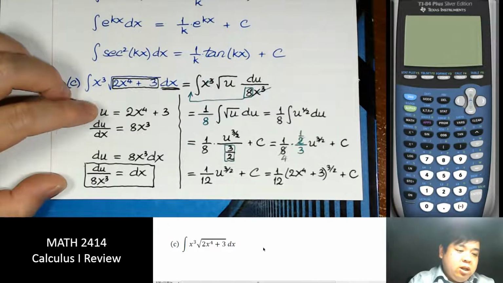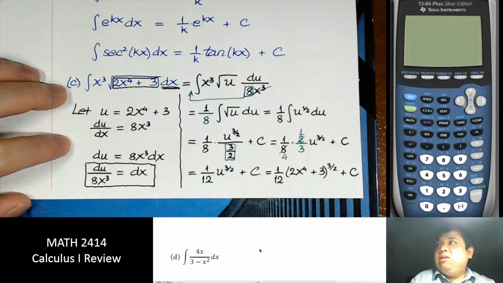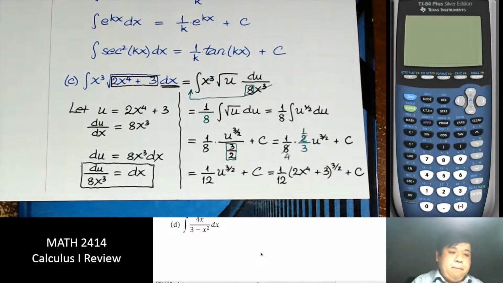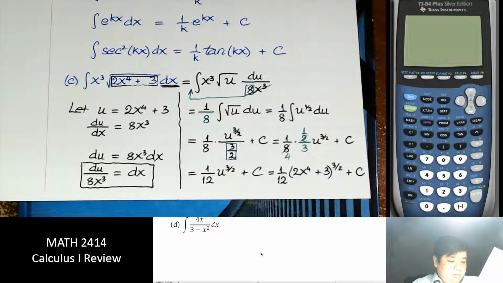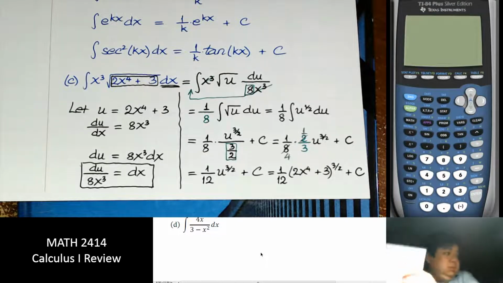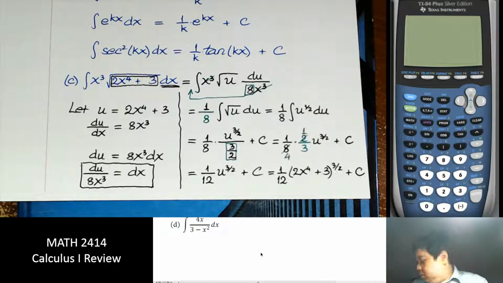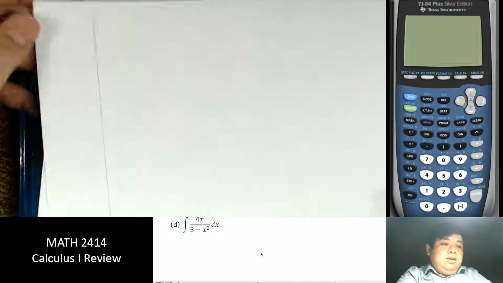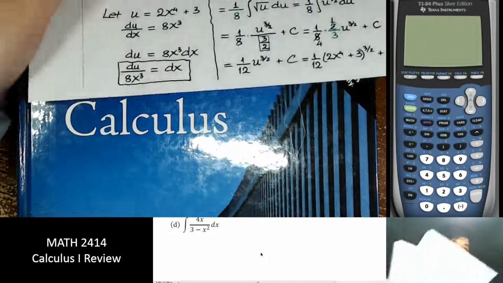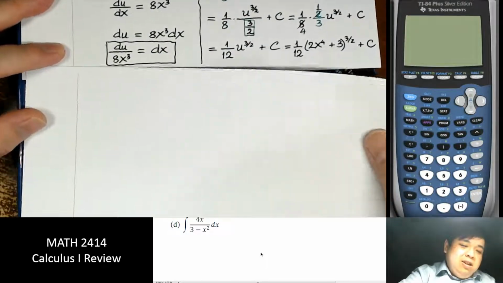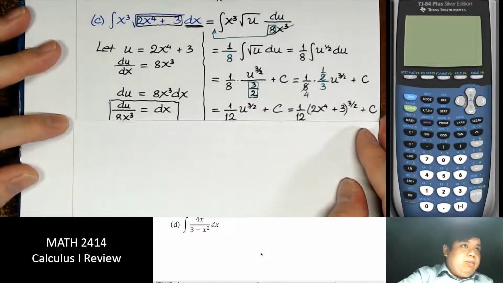We need two components, u and then dx. And there will be more substitution problems.